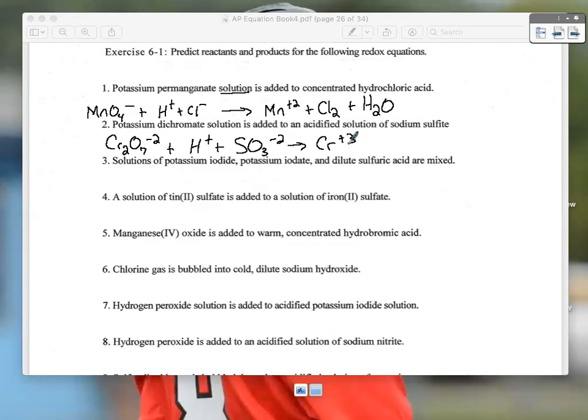H is there, and I wanted to see this real quick. Oh, there it is. Yes, it is. So the third line down of your reducing agents, does it say something about sulfite? Mm-hmm. Sulfite goes to sulfate. And then my final product, water.